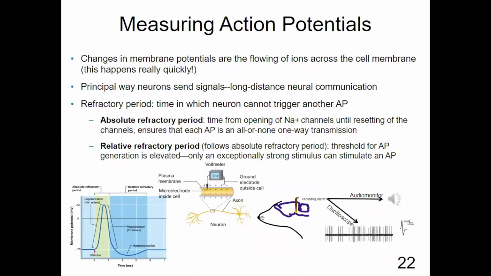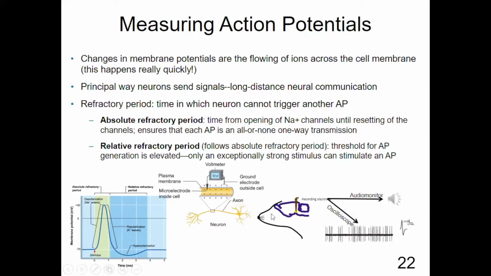Action potentials can be measured by using electrodes, and there is an image of part of a neuron. I think this is supposed to be part of an axon, and there is an electrode placed into the axon. So this is one way to measure the membrane potential of a neuron.